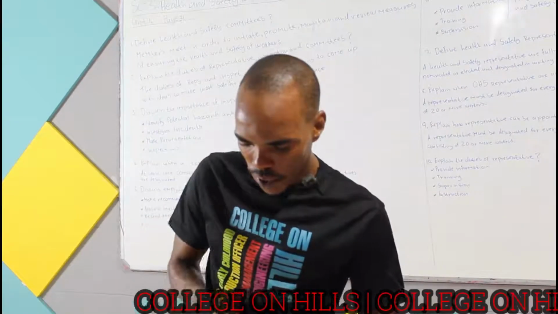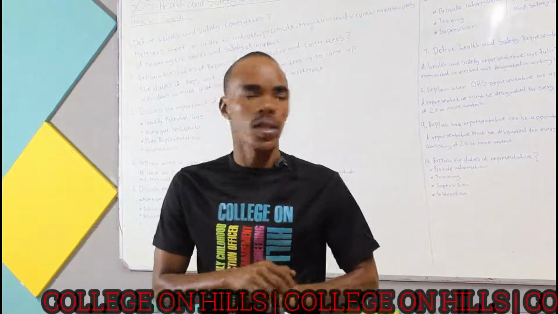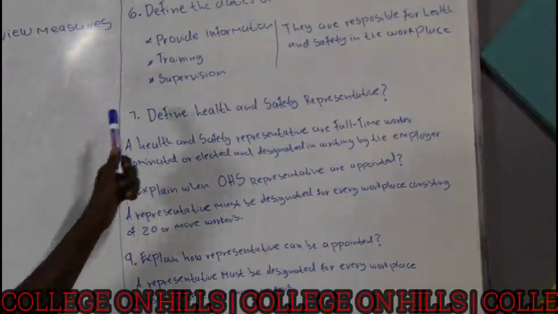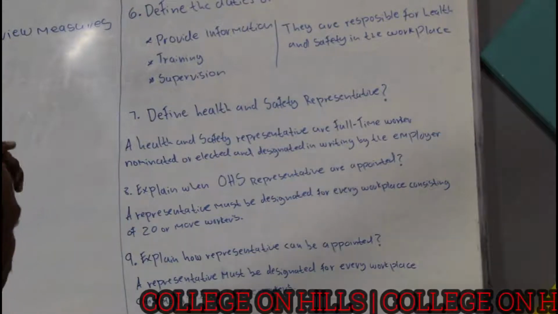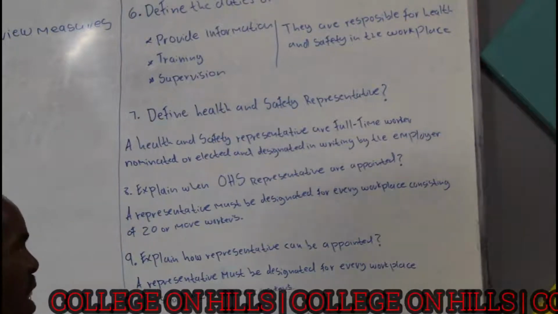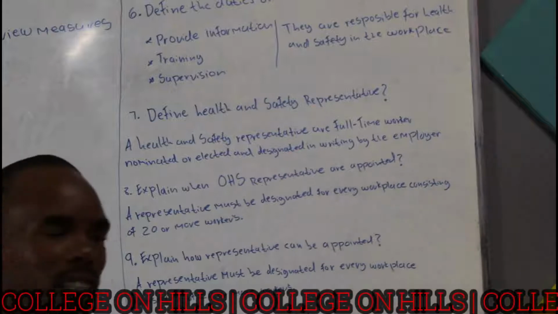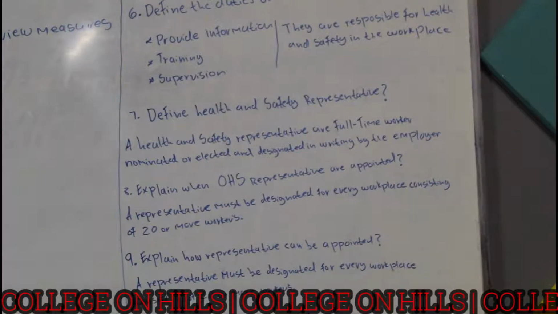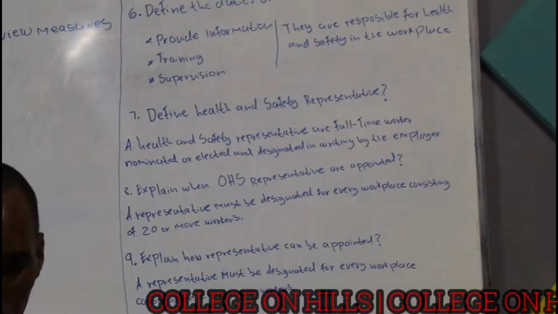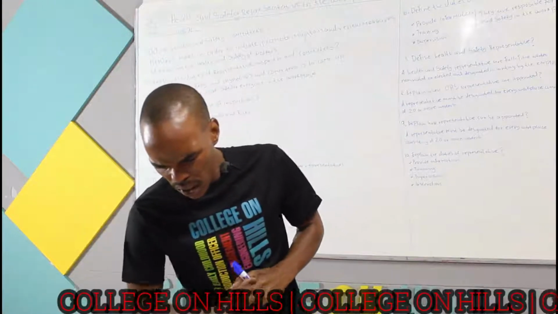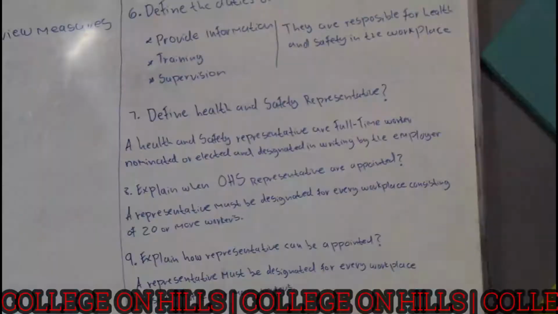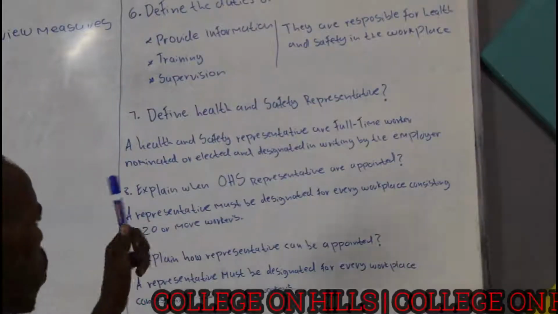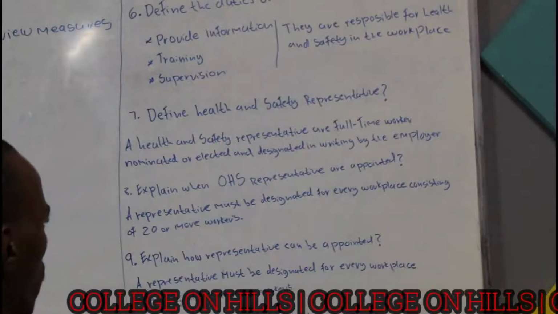For question 7, define health and safety representatives. A health and safety representative is a full-time worker nominated or elected and designated in writing by the employer. Explain when OHS representatives are appointed.